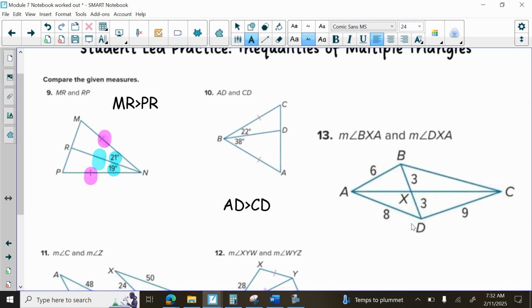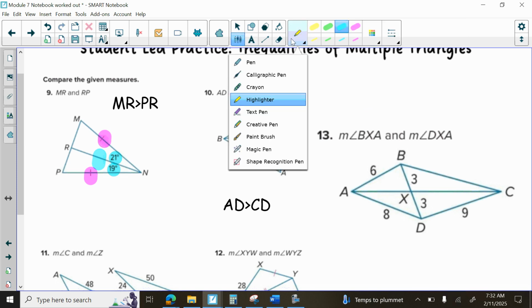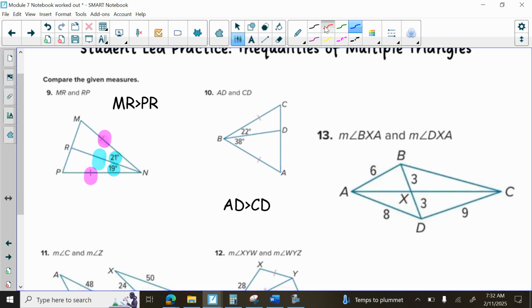Number 13. Now we're going backwards. We're going to go based off the sides, and we're going to discuss which angle is bigger. So here we have that DX is the same as BX, and then we have AX is the same in both triangles, right? But 6 is smaller than 8, right?